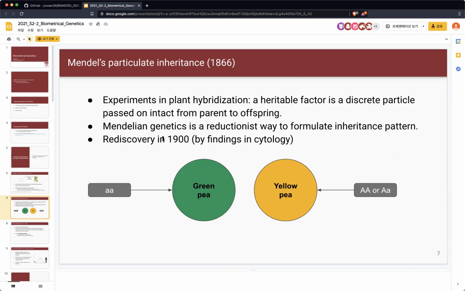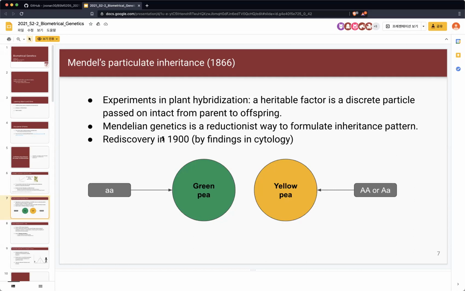That was Mendel's view on genetics. And Mendelian genetics is, we can say, a reductionist way to formulate inheritance patterns. If you think about the Mendelian rules like segregation, assortment, and dominance, that was the clear formula to explain this inheritance pattern, right?